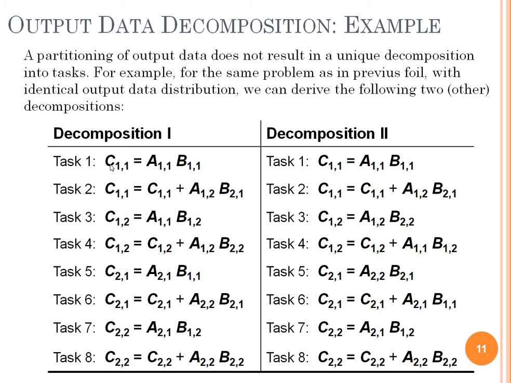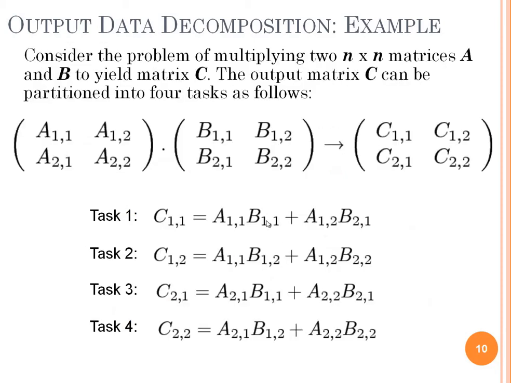Now see here, in the previous case, C11 equals A11 B11 plus A12 B21. Some programmers may consider this as one term and this as a second term. So C11 has two tasks. Task 1 is this one, task 2 is this. We will get task 1 plus task 2 equals C11.